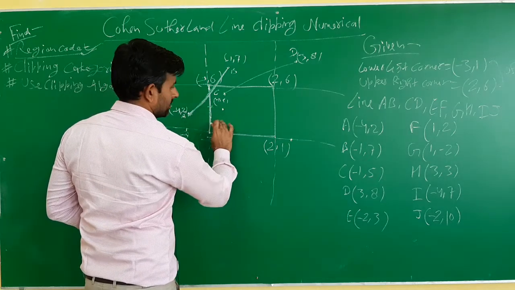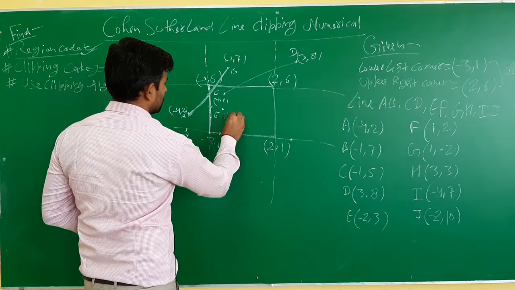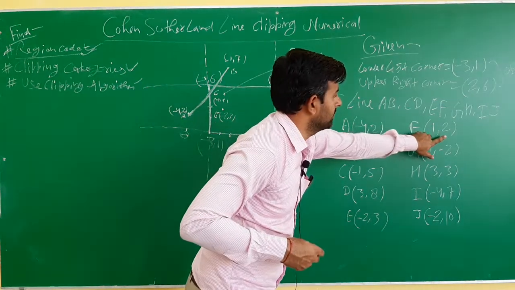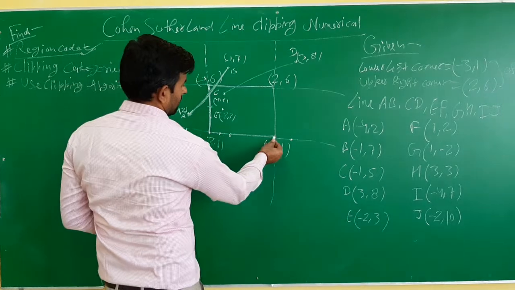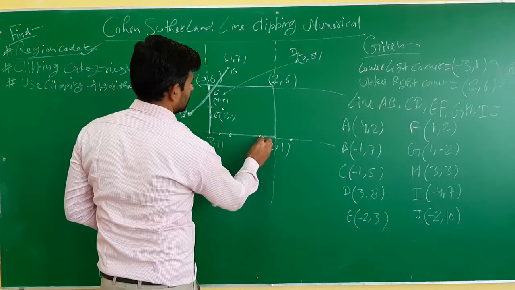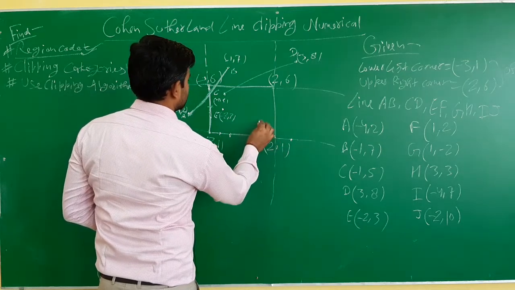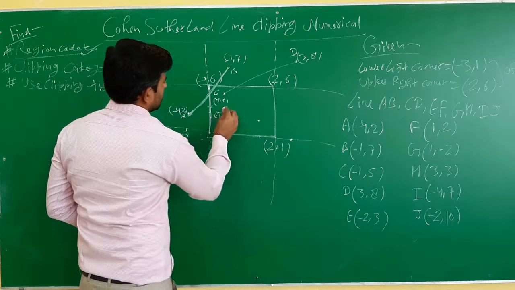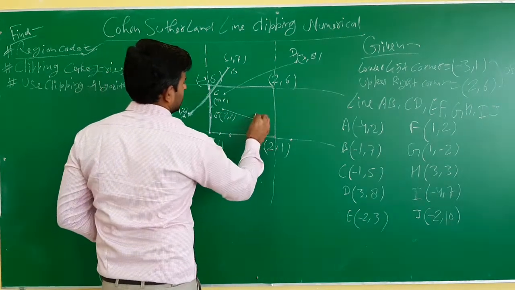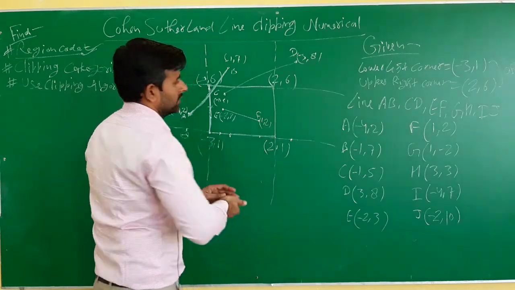Then this is our E point, -2, 3. Then F point is 1 and 2. 1 will be like here, and 2 like here. When we join these 2 points, we will get a line EF, and F has the coordinates 1, 2.